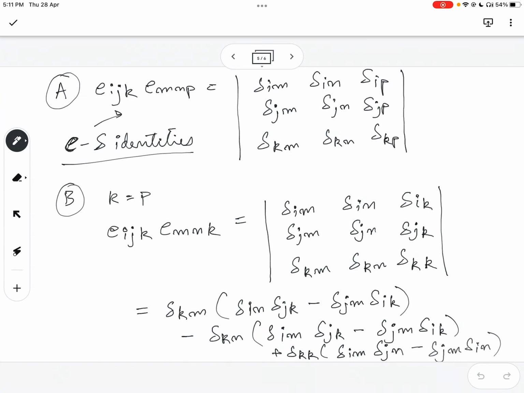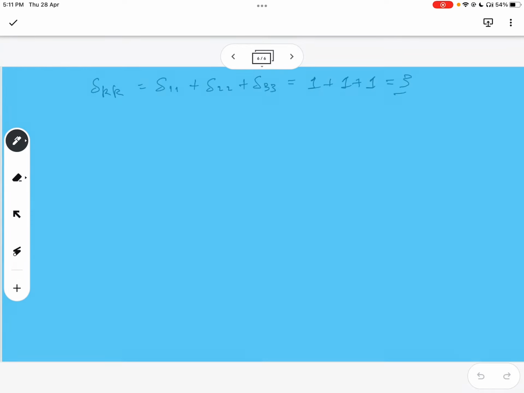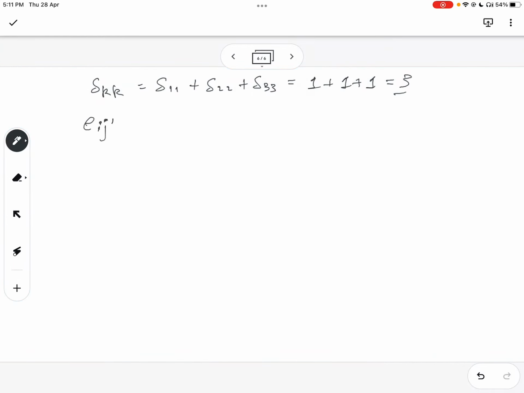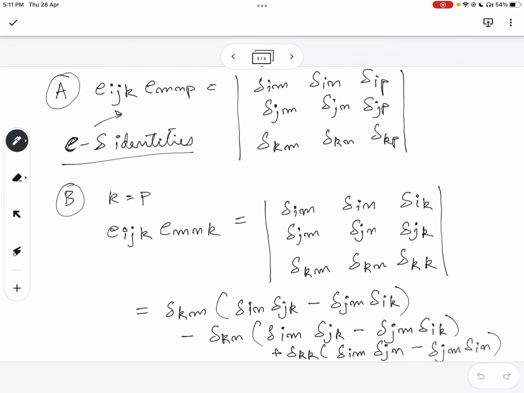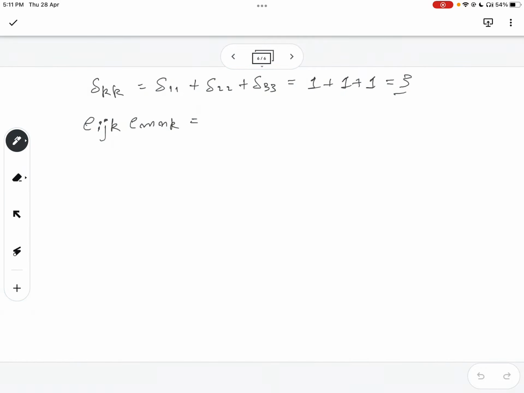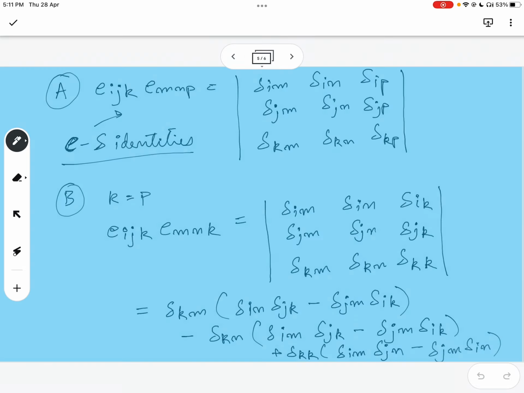Therefore, evaluating the expression Eijk Emnk further, what do we have? We'll open the brackets up. Delta Km, delta In, delta Jk, delta Km, delta I, am I right?